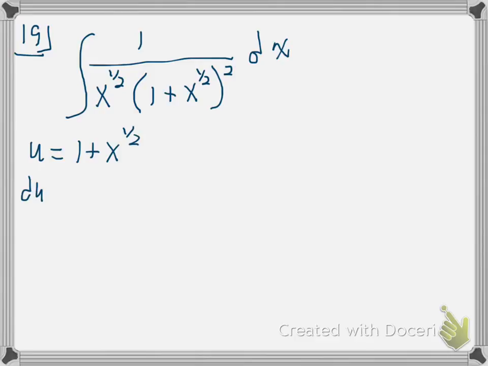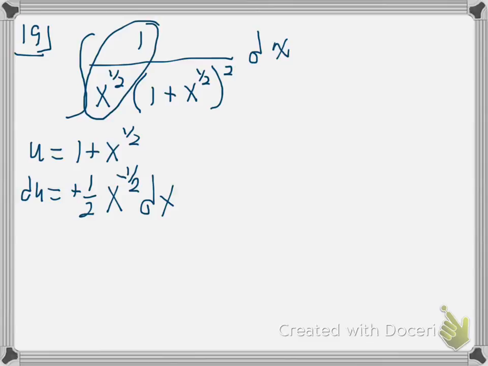And that's going to make du equal to positive 1/2 x to the negative 1/2 dx. Well, 1 over the square root of x is x to the negative 1/2 power. I don't have a 1/2 here, so I've got to multiply each side by 2. So 2 du equals x to the negative 1/2 dx.